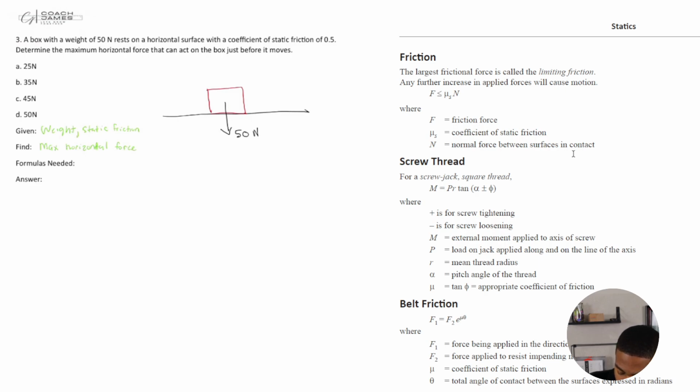Now, we got this max horizontal force where this person is going to be pushing this box.